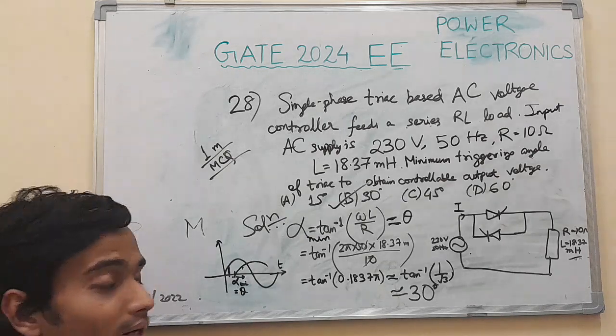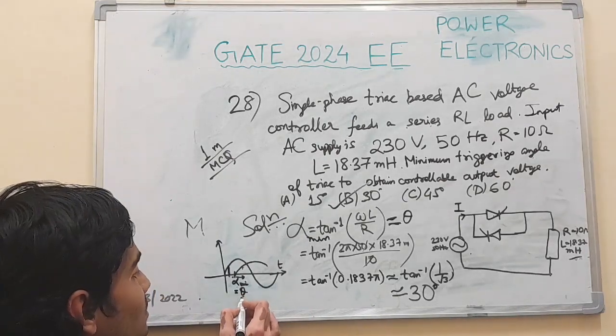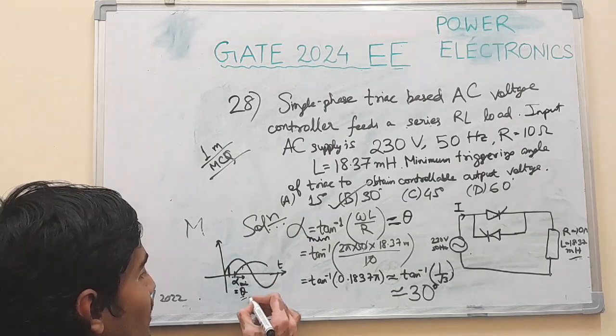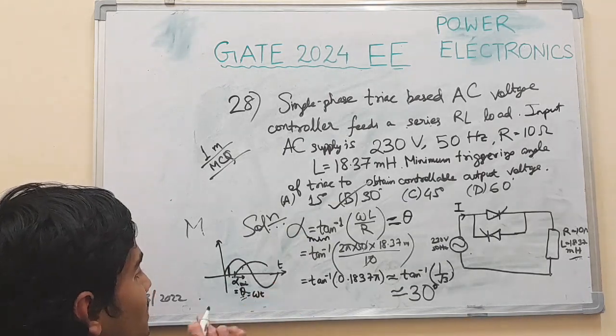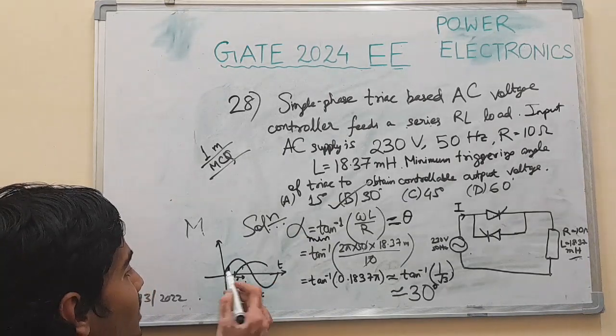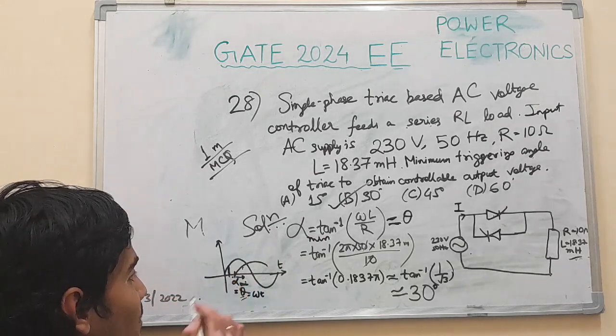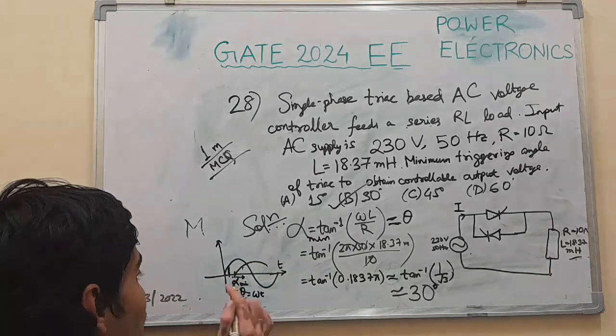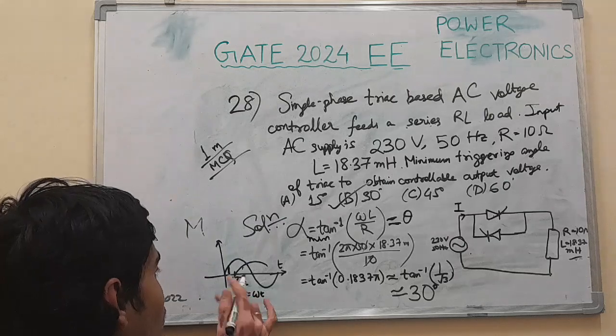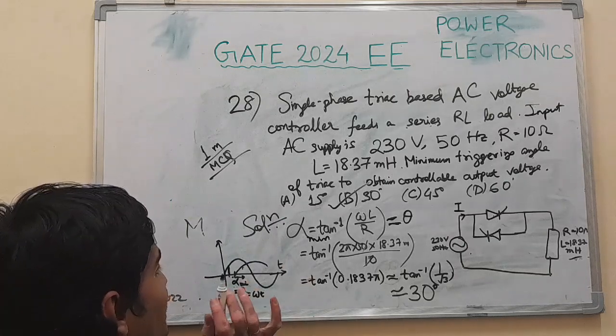Otherwise the current will automatically start at this impedance angle, when omega t equal to theta, right? But if alpha is applied at this or beyond this time instant, then we can control the current.